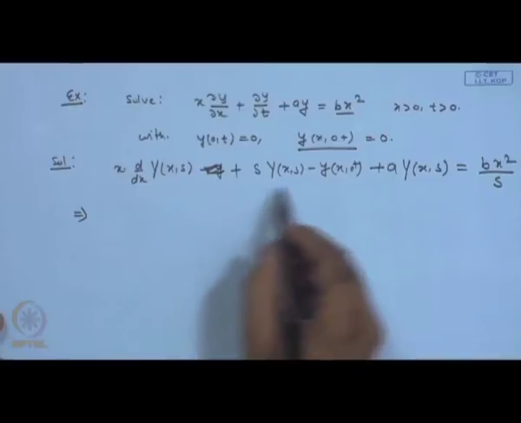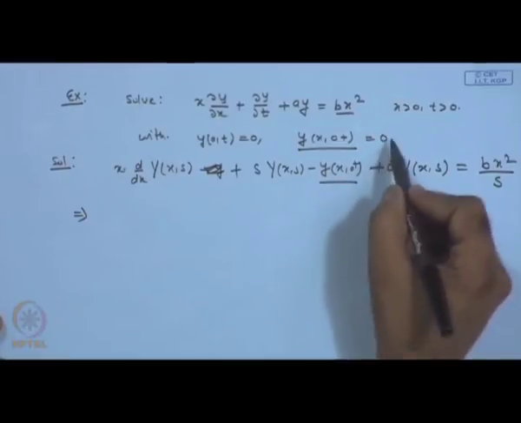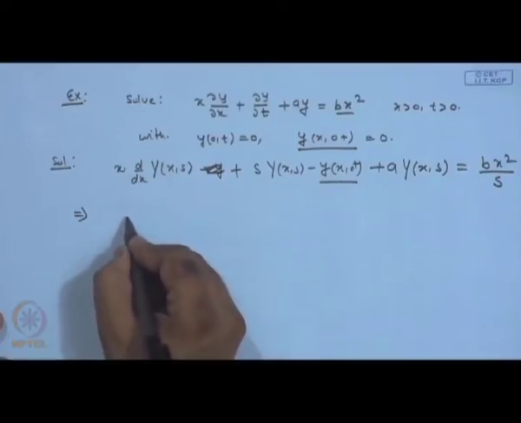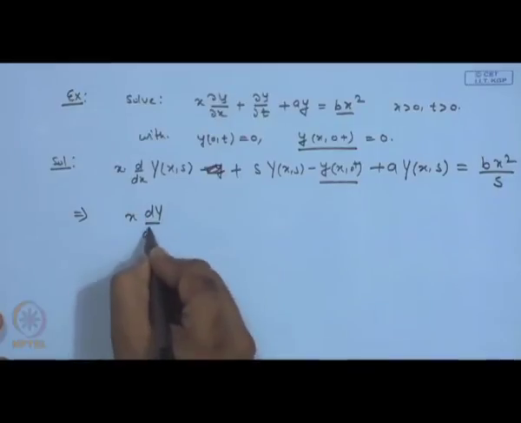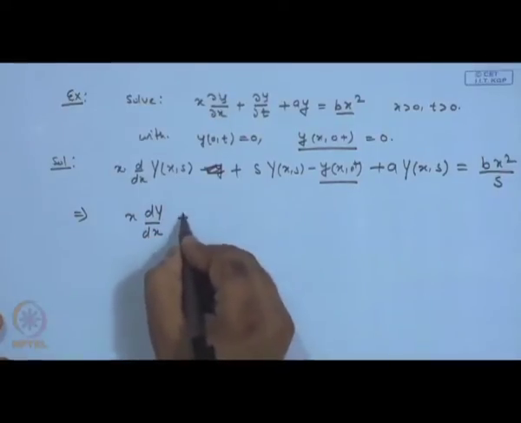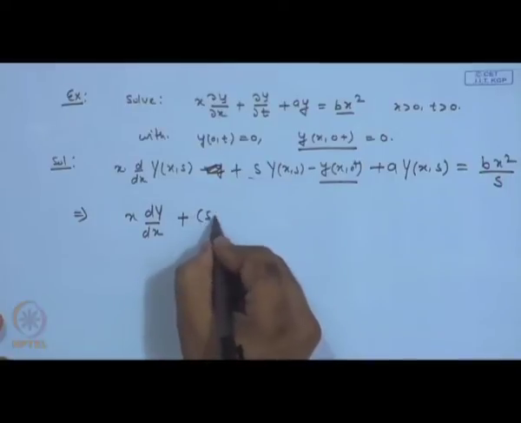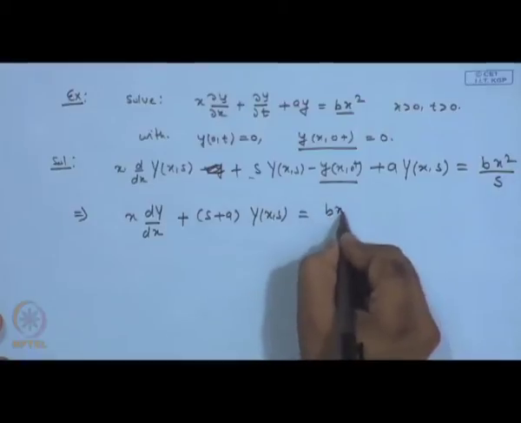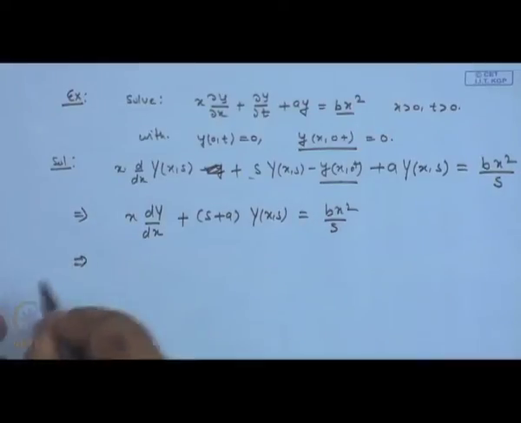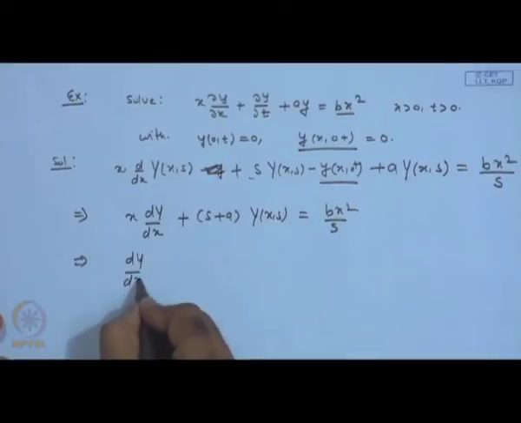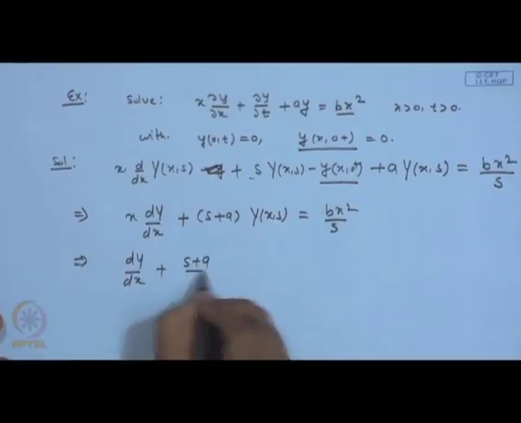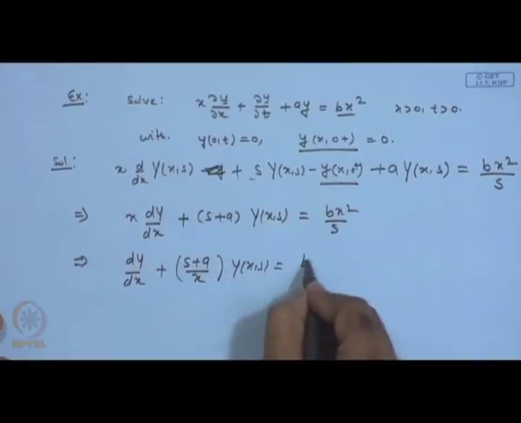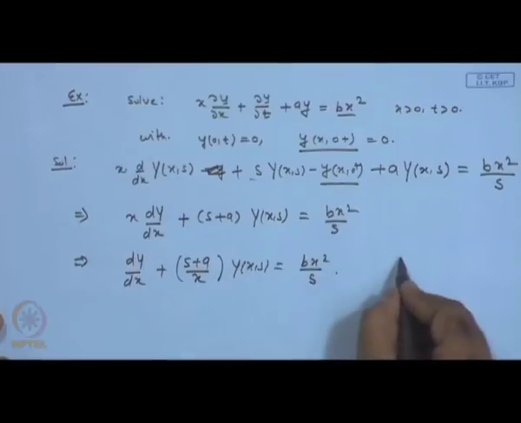So, we can simplify now. This term will vanish because it is given as 0. So, we have simply x dy/dx plus (s plus a) y(x,s) equals b x squared over s, or dy/dx plus (s plus a) over x times y(x,s) equals b x over s, with s positive.